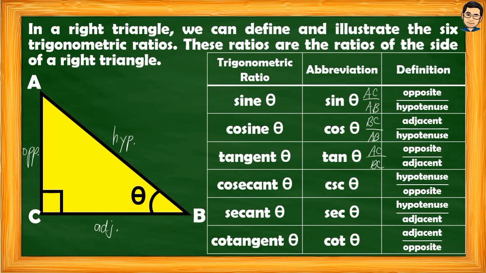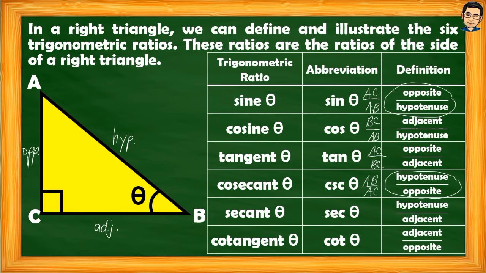Yung sin theta natin, opposite over hypotenuse, doon naman sa cosecant theta, it is hypotenuse over opposite. Since reciprocal, kabaligtaran, kung yung AC over AB sa sine, magiging AB over AC.